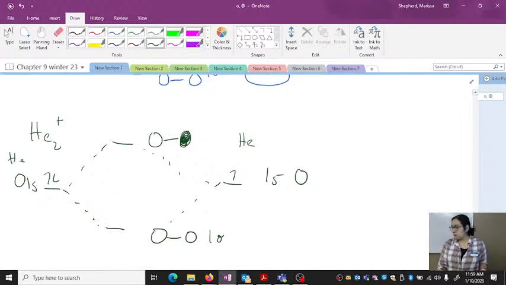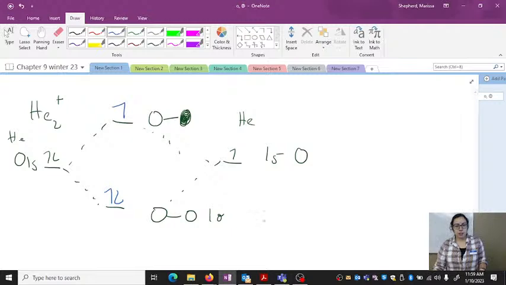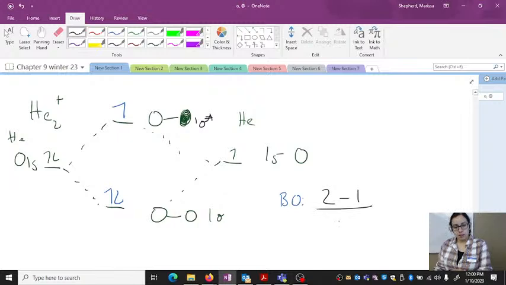And so now we can fill them up with our electrons. So again, we have 3 electrons in this system. So we just start at the bottom, so 1, 2, 3. Now we can calculate our bond order. So we have 2 in a bonding orbital, and this is our 1s antibonding, minus 1, divided by 2.